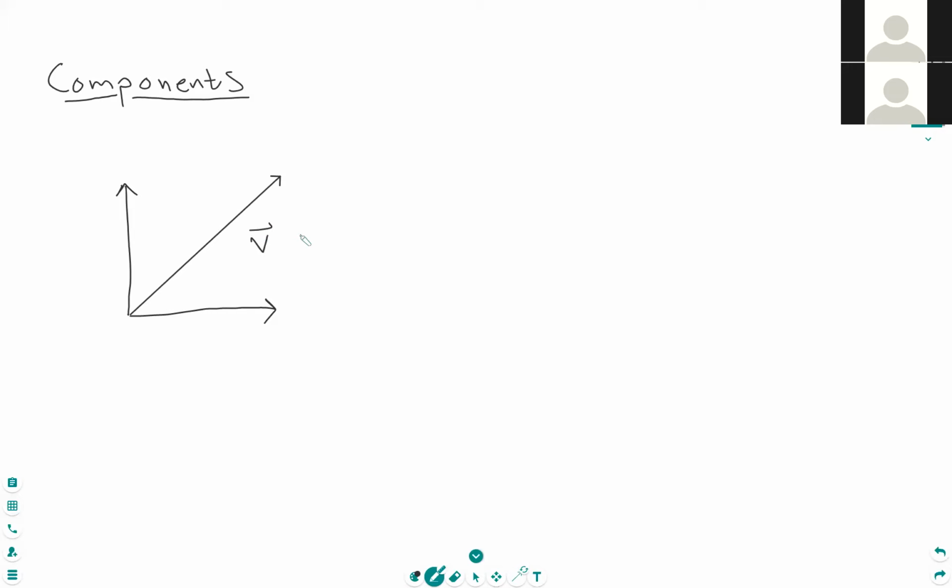Well, if this ends at the point v1, v2, so now this is a point, but the vector can be written, and notice that these are sharp brackets, not parentheses, that this is v1, v2, and then I end them.